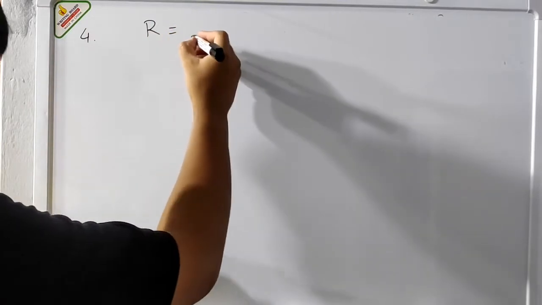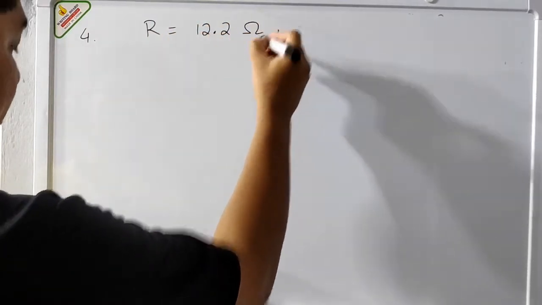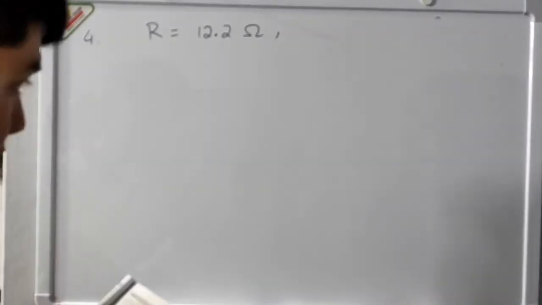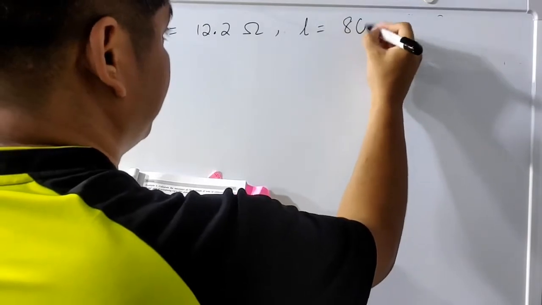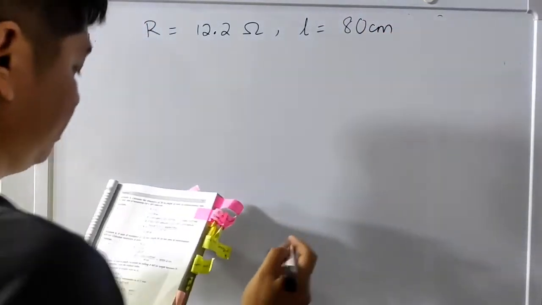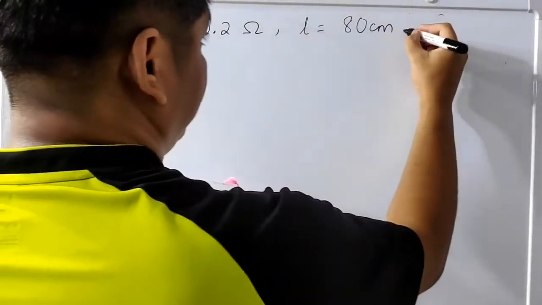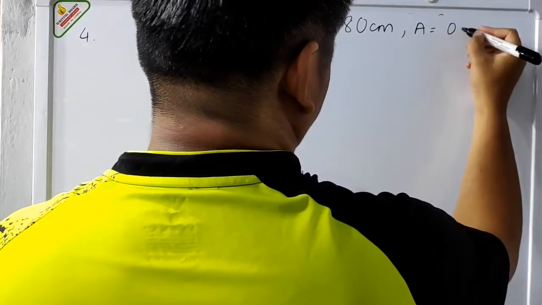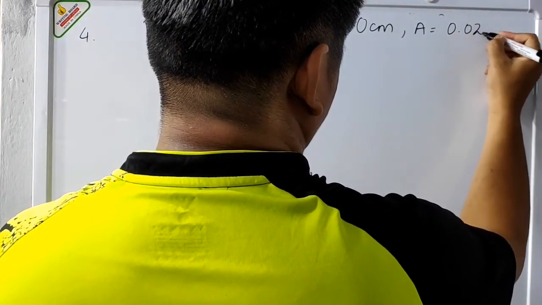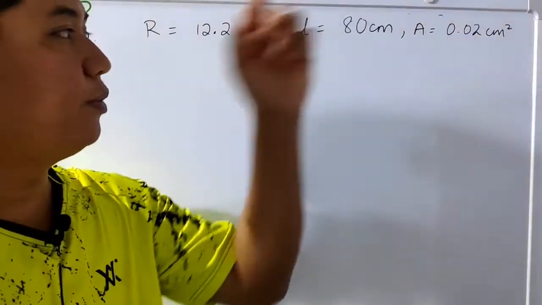Resistance is 12.2 ohm and the length L is 80 centimeter. What else? The area of cross section is 0.02 centimeter square. Here both are in cm, no need to convert.